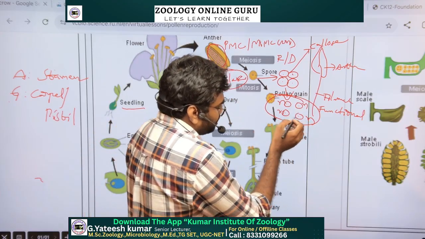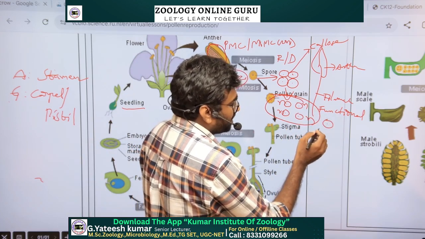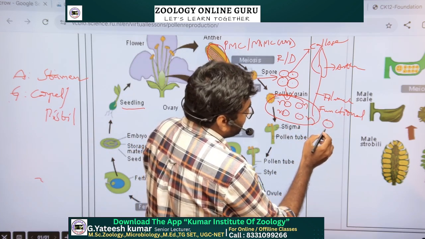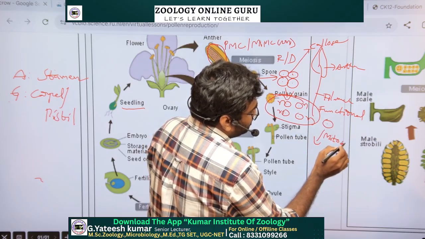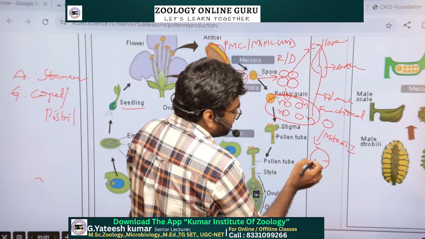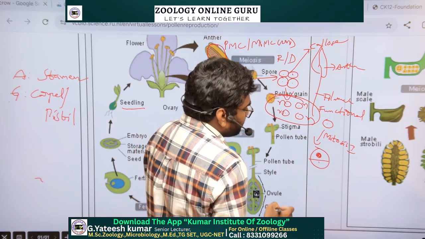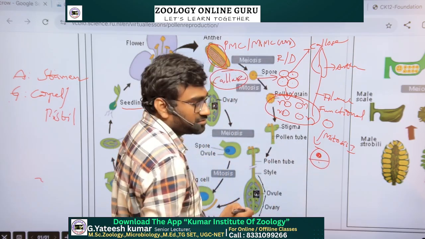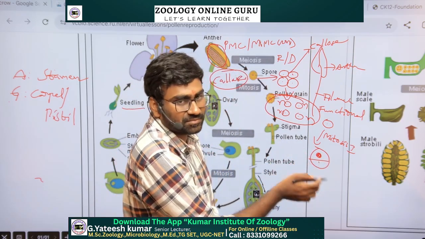Each young microspore or immature pollen grain undergoes mitosis 1 division to produce the vegetative cell and generative cell. The vegetative cell is usually bigger and the generative cell is smaller.